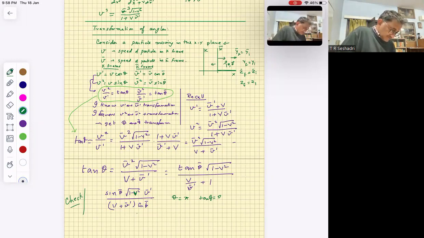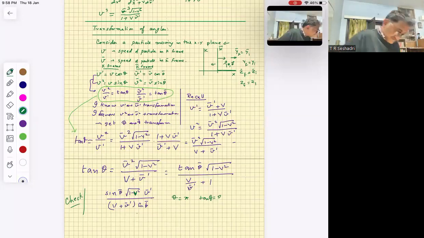Okay, so let me see. This is tan theta is equal to V2 by V1. V2 is equal to V2 bar times square root of 1 minus V square by 1 plus V1 bar V. This is okay. And then I have divided by V1, which is this one. This is also fine.